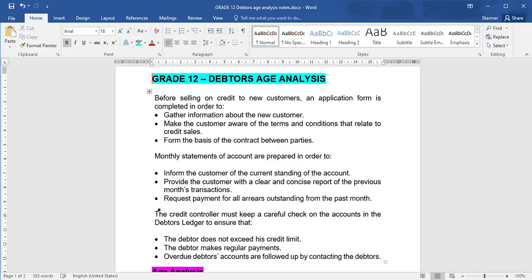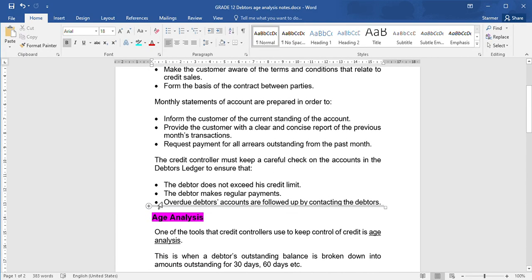And then you're also requesting that the debtor pays back any outstanding amounts from the past month and, if necessary, from previous months. Now, if your job is a credit controller in a business, you need to keep careful check on the accounts of the debtor's ledger. In other words, you need to look at each individual debtor. You need to make sure that the debtor doesn't exceed his credit limit. The credit limit is the maximum amount he's allowed to purchase for.